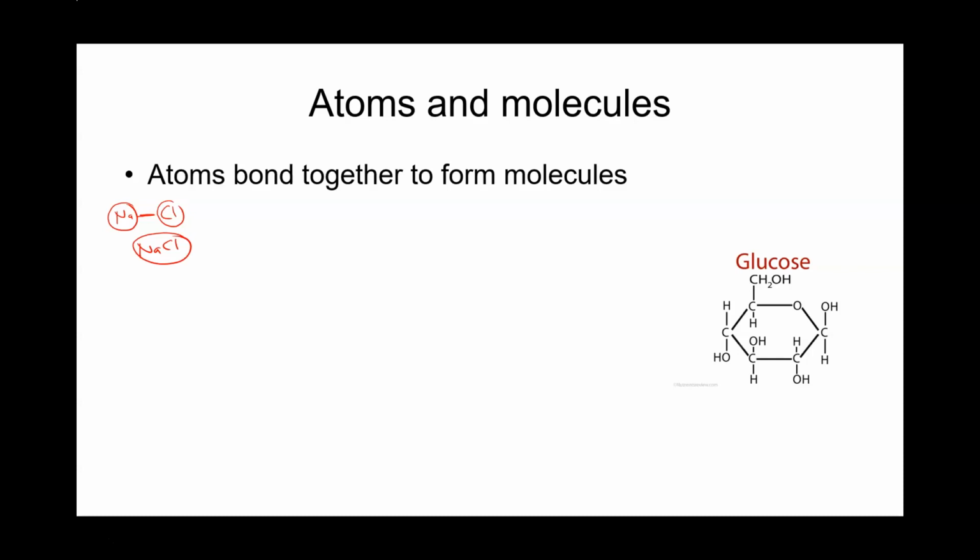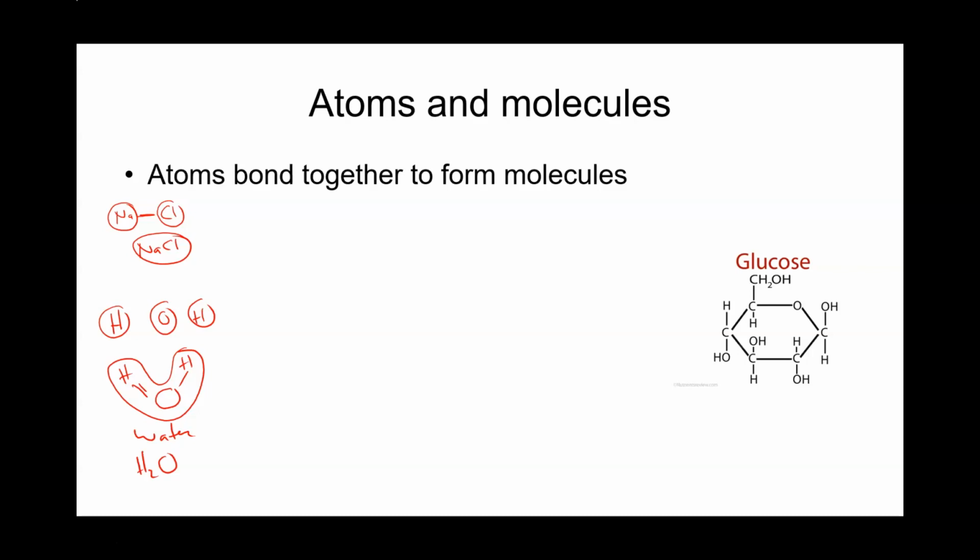Or if you had a hydrogen and an oxygen and another hydrogen, you could combine them together to make a molecule of water, H2O. You have 2 hydrogens, and then oxygen.